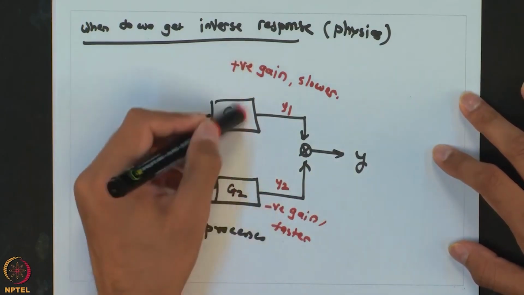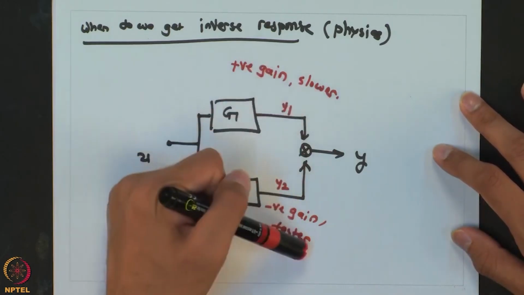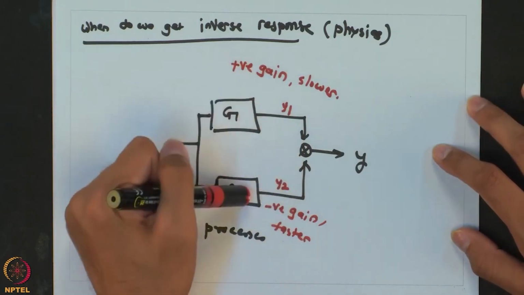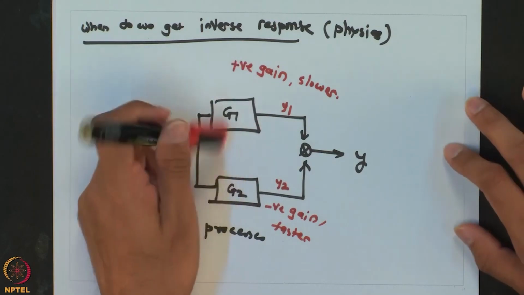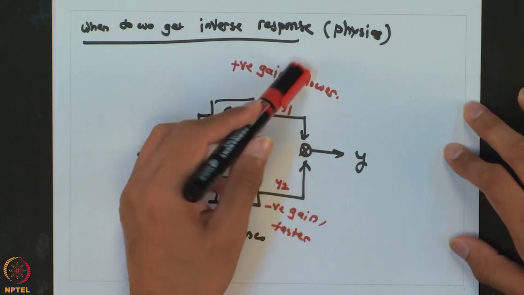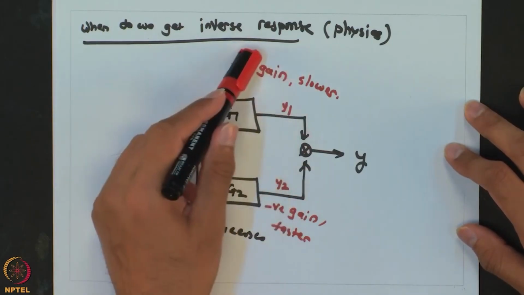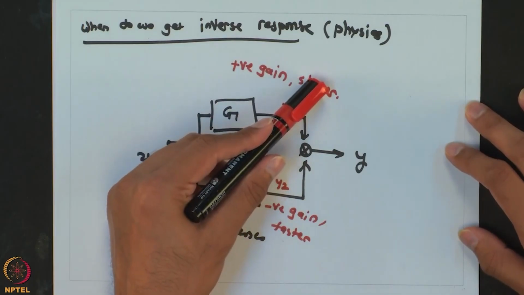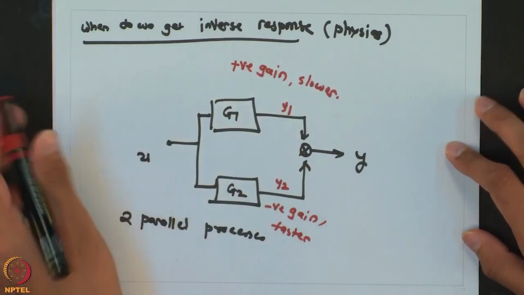So, the idea is there are two parallel processes which are operating at different time scales, and the gains are opposite to each other. The gain being opposite is very essential, and they also have different time scales. So, when you have that, under certain conditions or values of these different gains as well as time constants, you will get the inverse response, and mathematically you can find that out.